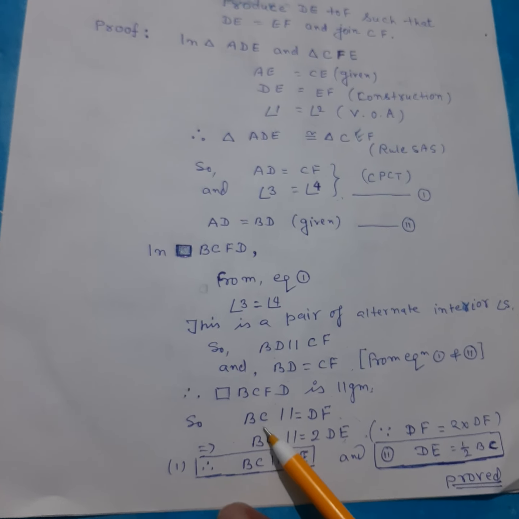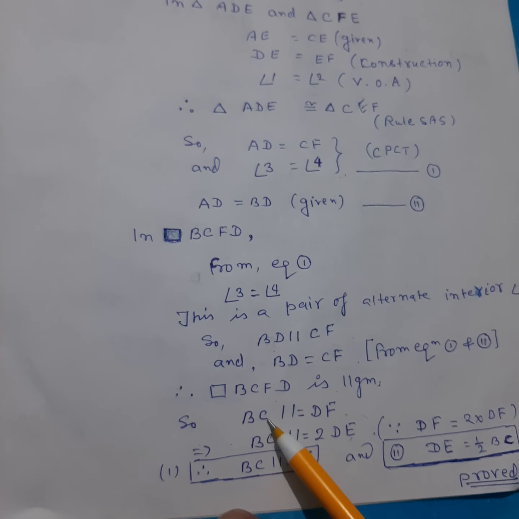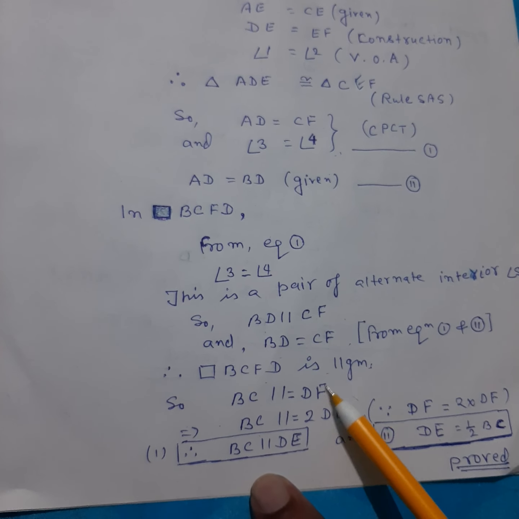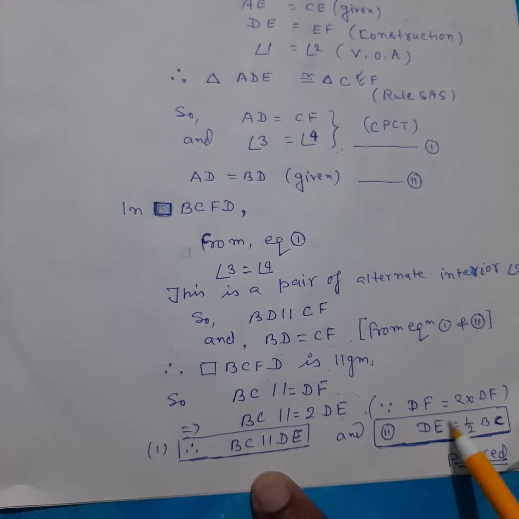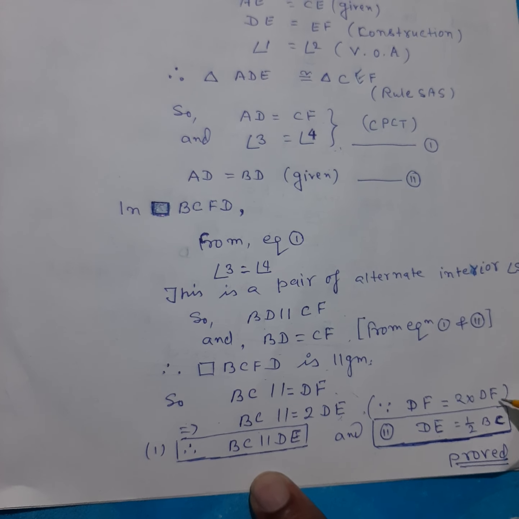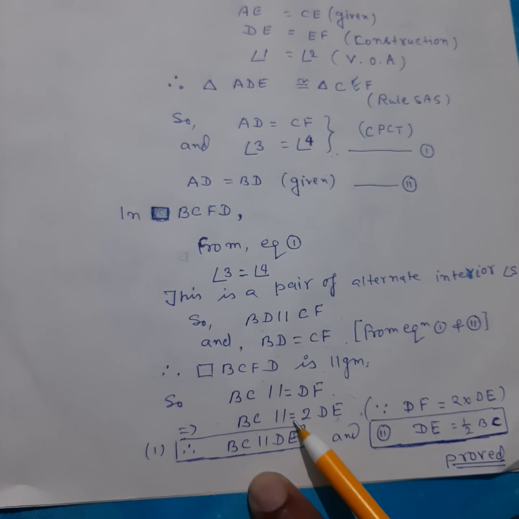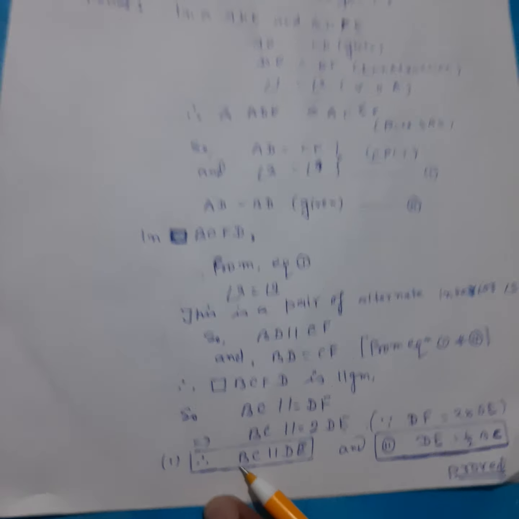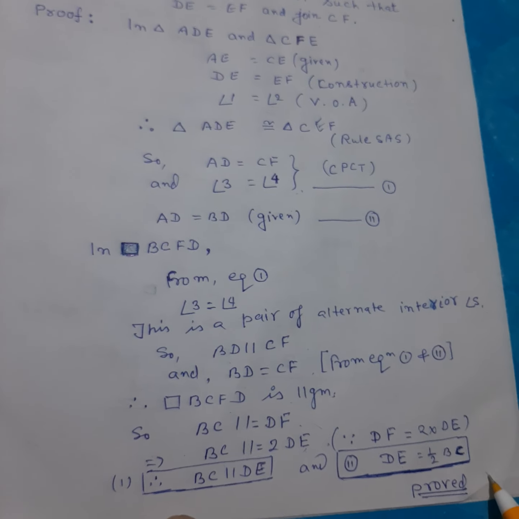Therefore, the other pair of sides are also equal and parallel, that is BC parallel and equal to DF. We know that DF equals 2DE. Therefore, BC is parallel and equal to 2DE. So we can write BC parallel to DE and DE equals half BC, proved.